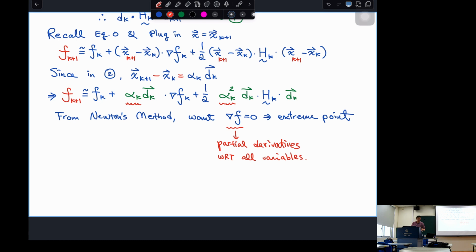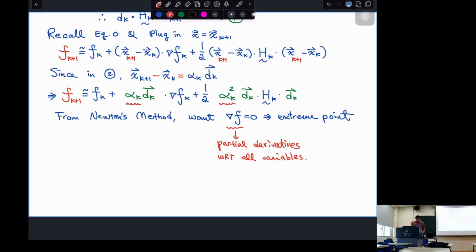But what's unknown? The unknown terms come from here. This is a design variable, so this includes some of the unknown information. And right now, alpha is unknown. It's part of the variables.